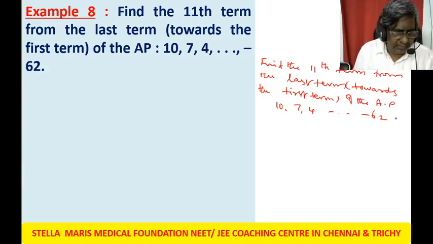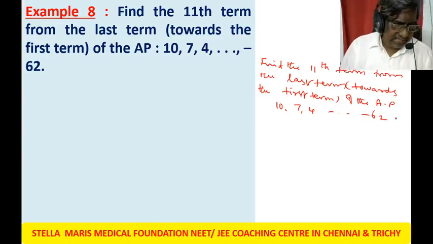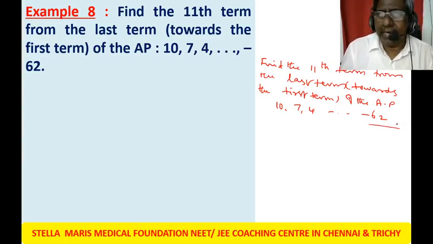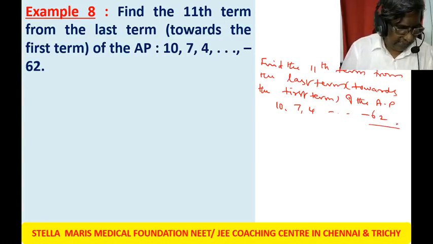Find the 11th term. Okay. Now see, the minus 62 is the last term, or AN. Okay. Clear.